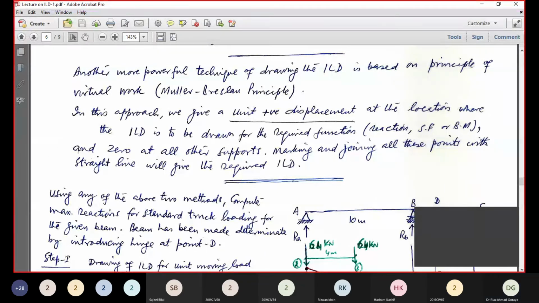So giving a unit positive displacement at the location where the ILD is to be drawn for the required function, whether it is reaction, shear force, or bending moment, and 0 at all other supports. Now, marking and joining all these points with a straight line will give the required ILD. Now we will see its application.